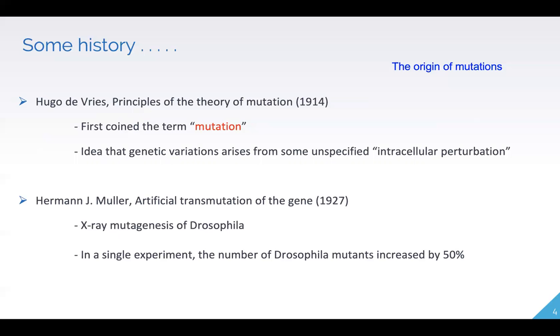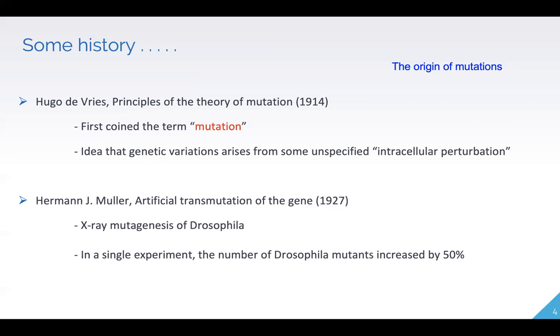About 10 years after, maybe a little bit more, Hermann Muller then proposed the idea of artificial transmutation of genes, and in his studies, he used the fly Drosophila as an organism for detecting these different mutagenic effects, using X-rays as a source of mutagenesis.